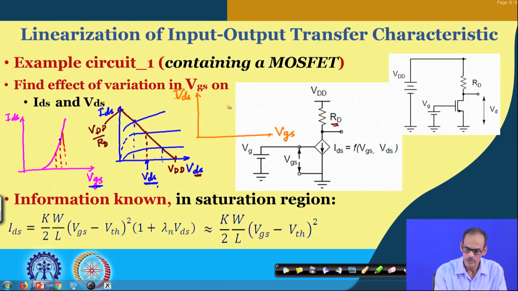Then what we will be getting here is that in the middle portion it is fairly linear, but then if you decrease this Vgs, say maybe towards the Vth, it is expected that it will have a highly nonlinear part. Then beyond some point, if I increase this Vgs, the device characteristic may be approaching towards Vdd by Rd, and there we will have another nonlinear part which will be the other way.